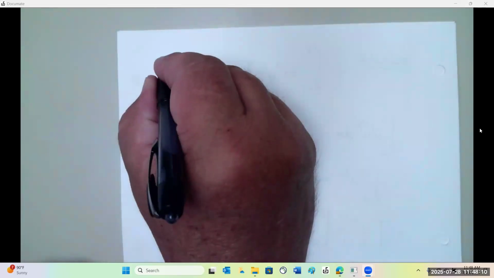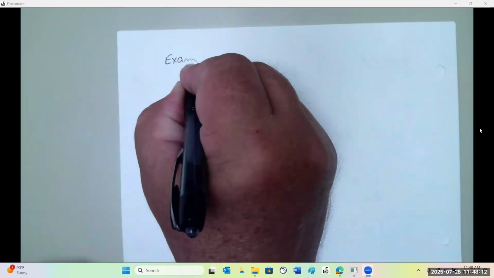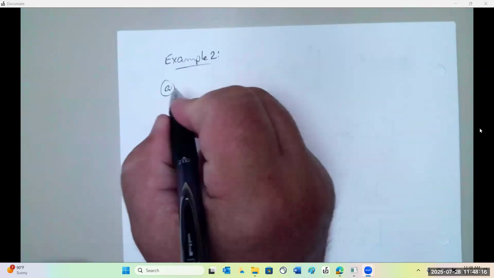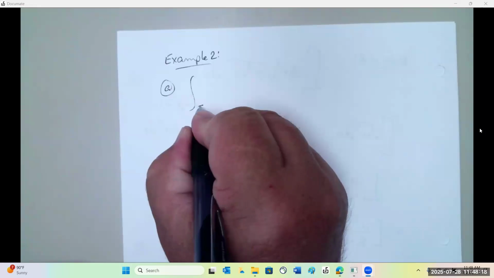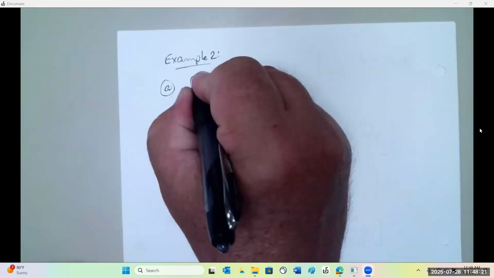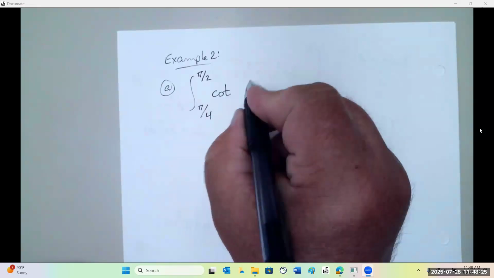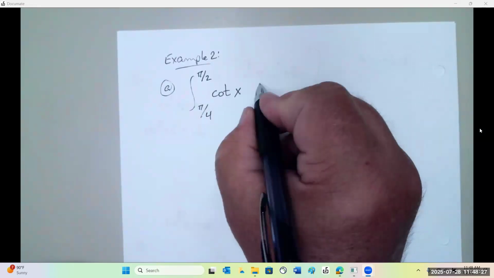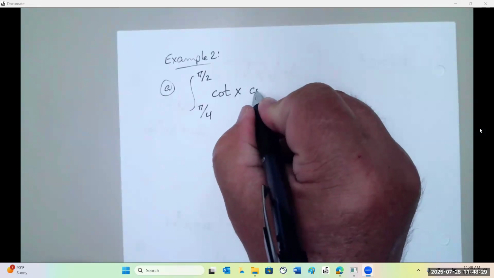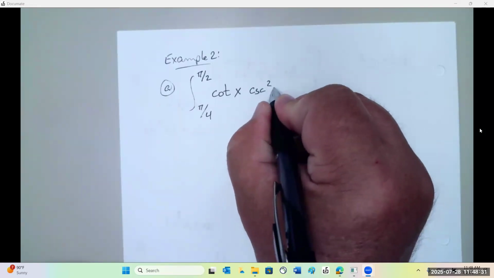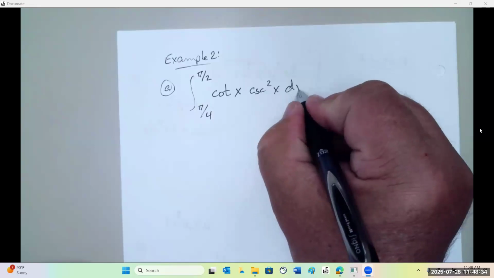All right, let's take example 2A. The integral from pi over 4 to pi over 2 of cotangent x cosecant squared of x dx.